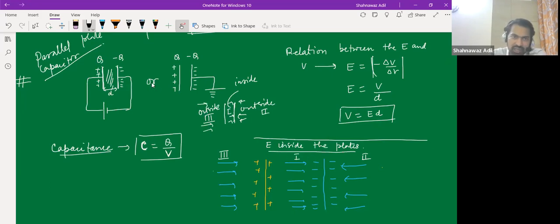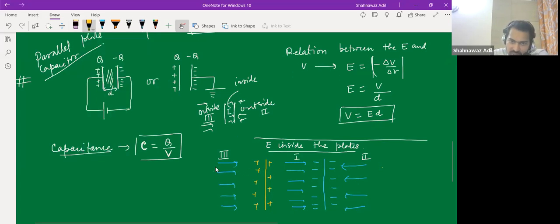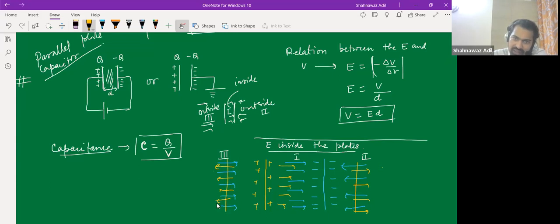And for the positive one, in here this would be outgoing, in here outgoing, and in here outgoing. Understood? Clear? You can see that this part is cancelling, this is cancelling, and in this part it is adding.